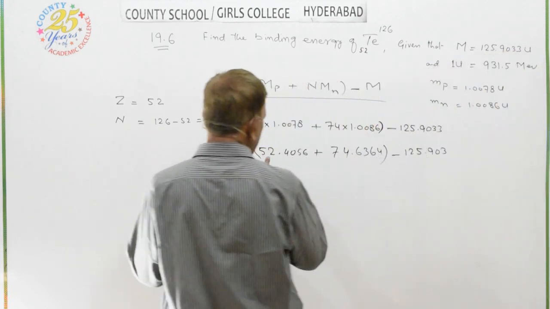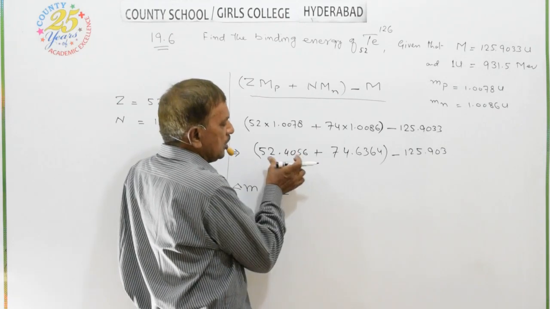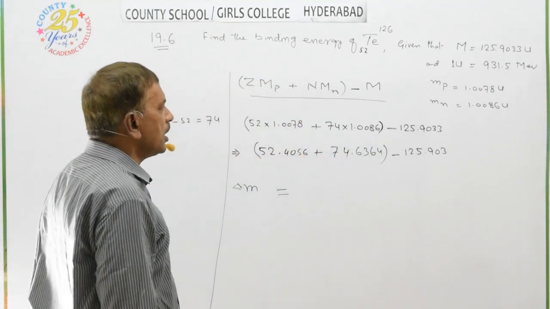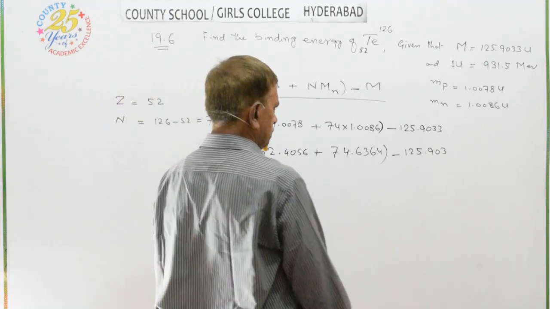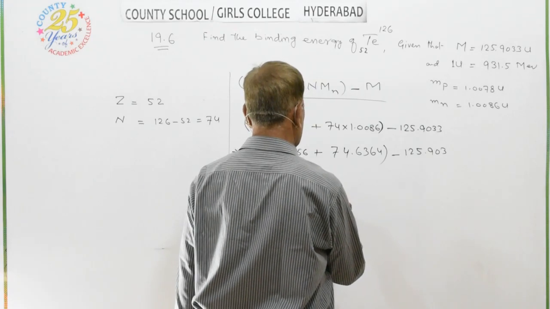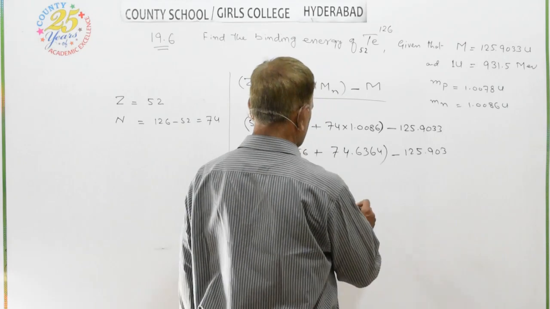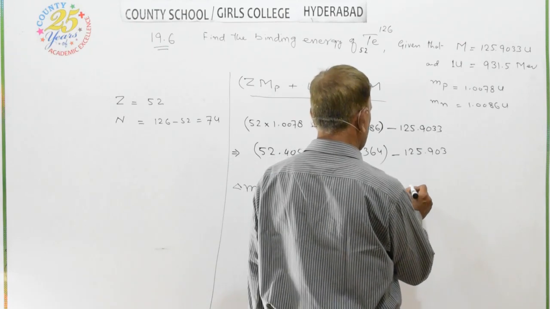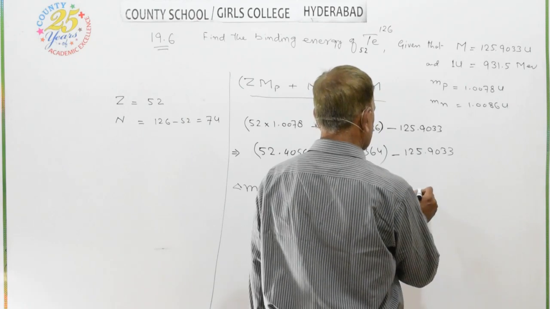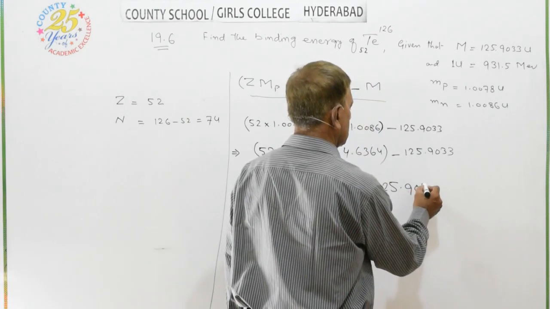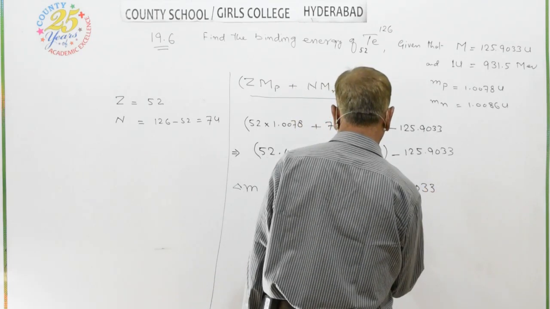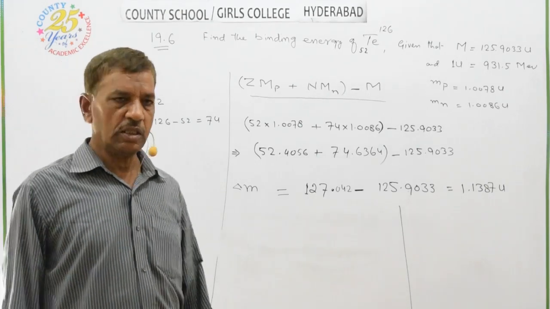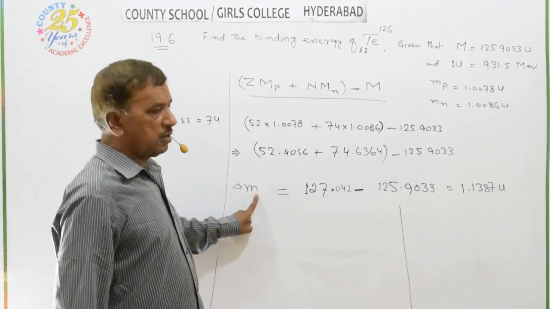When we add these two mass values of the nucleons in the nucleus, and then subtract the mass as given in the periodic table, we get the mass defect of tellurium.